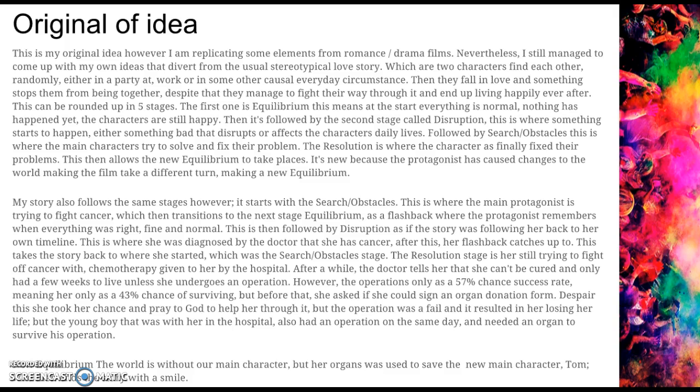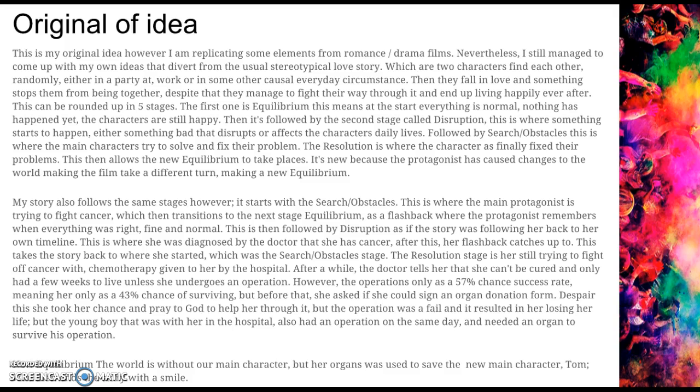After a while, they'll start dating, going out, seeing each other. Then something bad will happen. This is known as disruption, and this is where something negative impacts their life. And they get over it, they'll find a solution for it, and then after that, they'll get over to a new equilibrium, which is where everything's peaceful and they live happily ever after.